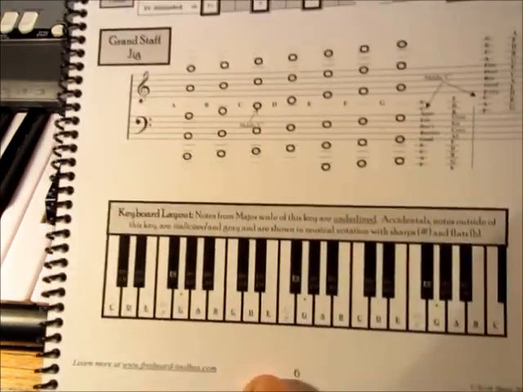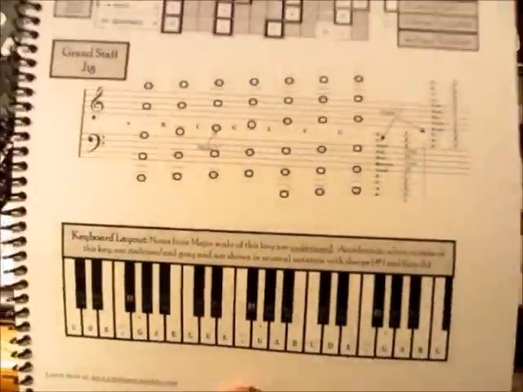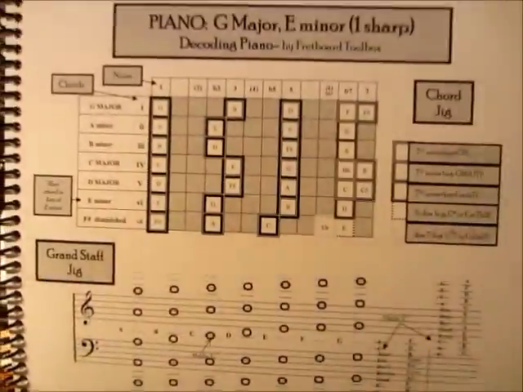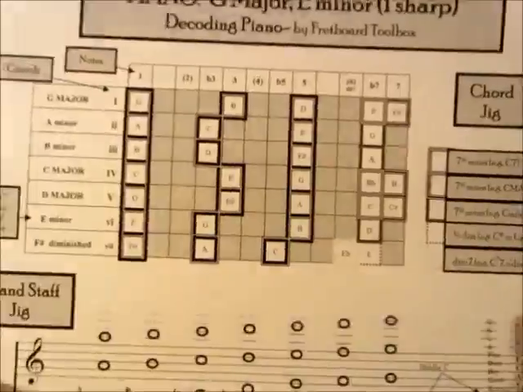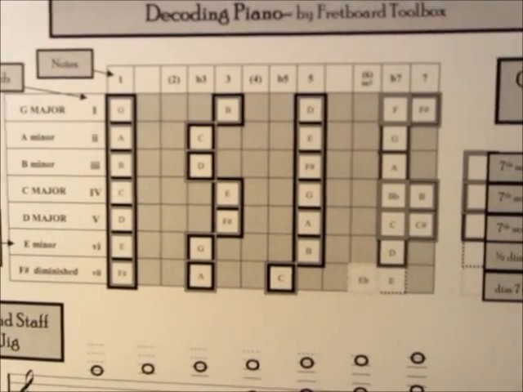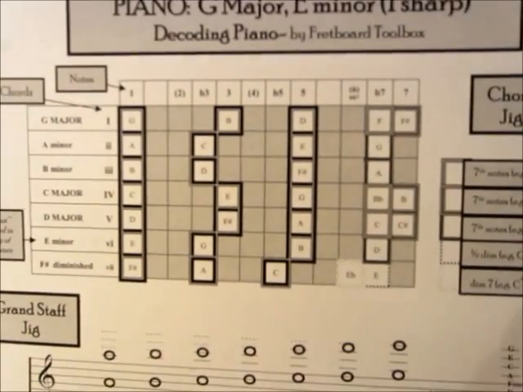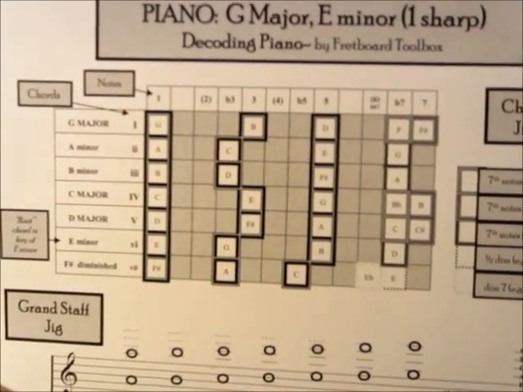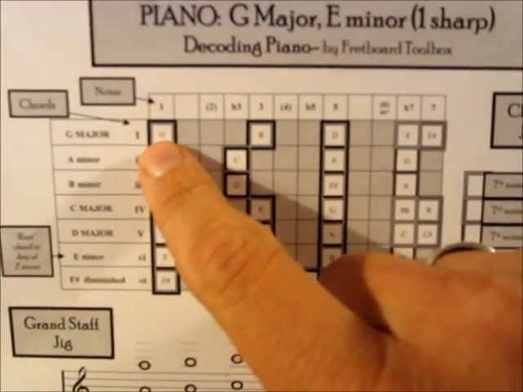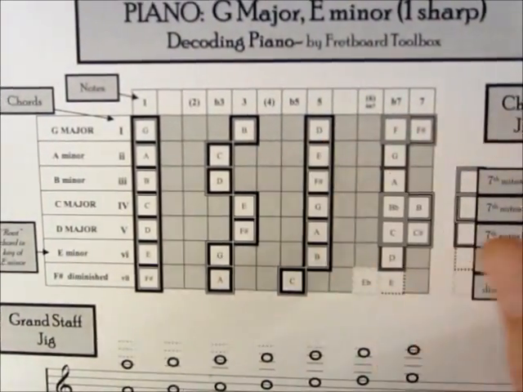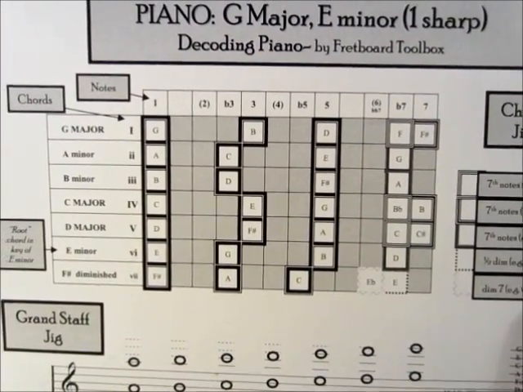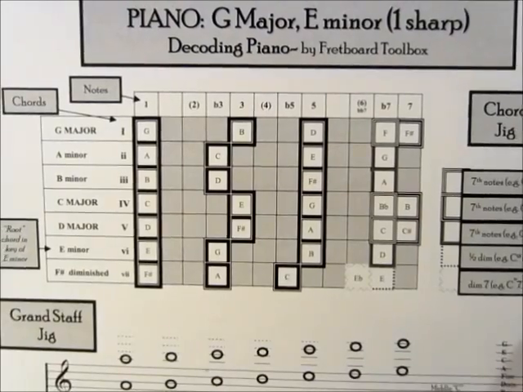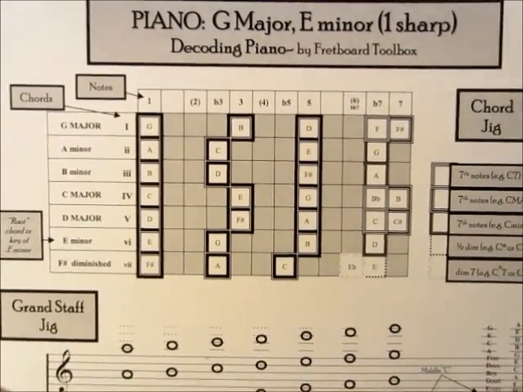So that's all there is to knowing the major scale, which is kind of interesting, but it gets more interesting when you can tell how to build chords in those keys. So if I want to build a G major chord, I'm going to use the notes G, B, and D. And so if I play any G, B, and D combination, then I'm going to be playing a G major chord.